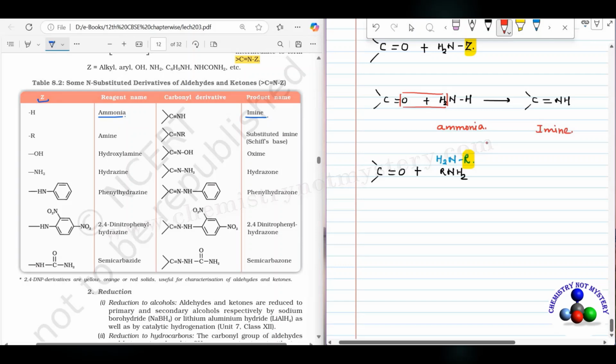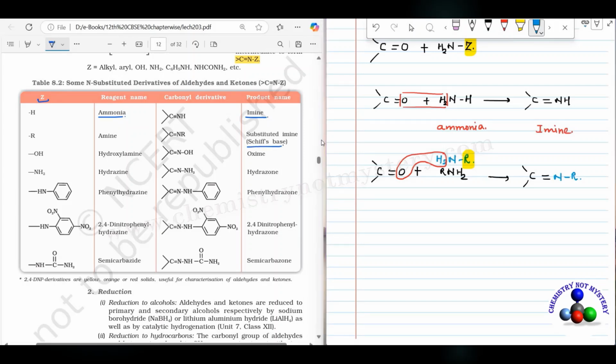Now remove the water molecule. So hydrogen H2 is removed from the amine and oxygen is removed from the carbonyl carbon. So here you will get the product. This is carbon double bond, here you will get N single bond R. So this is called as substituted imine or the Schiff base.